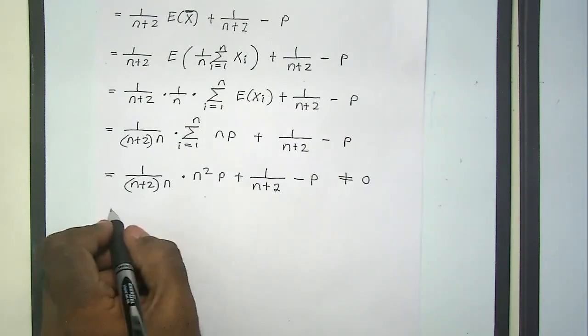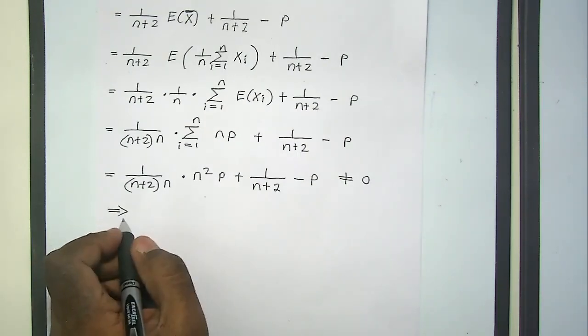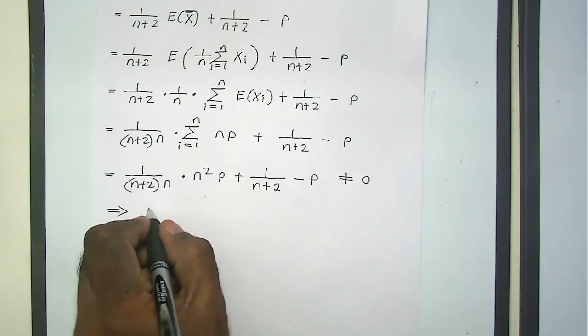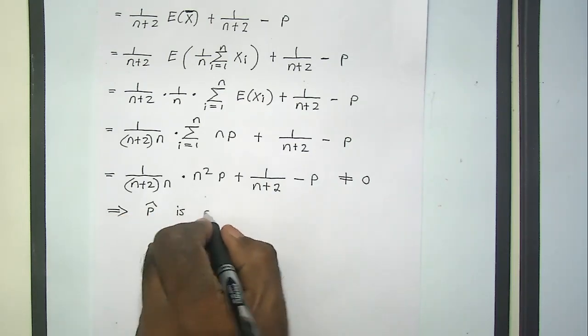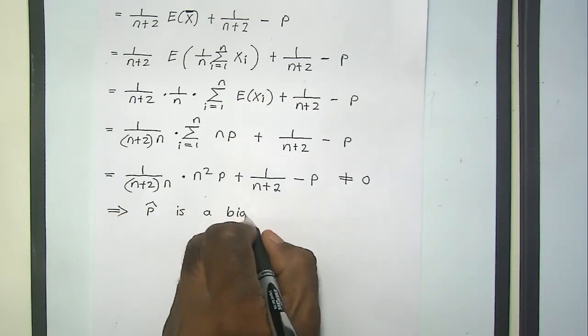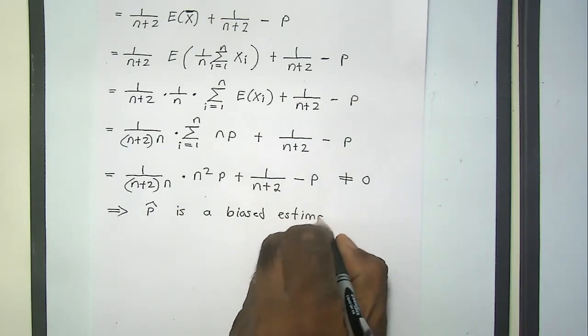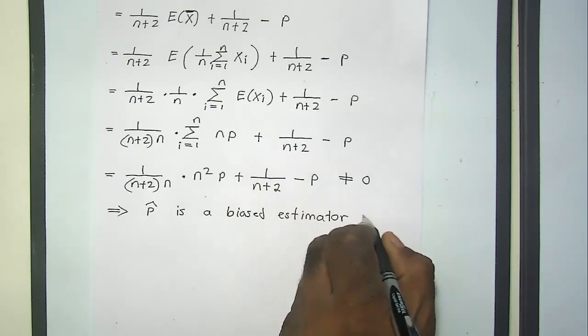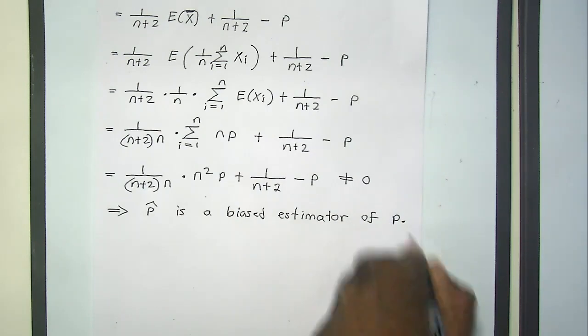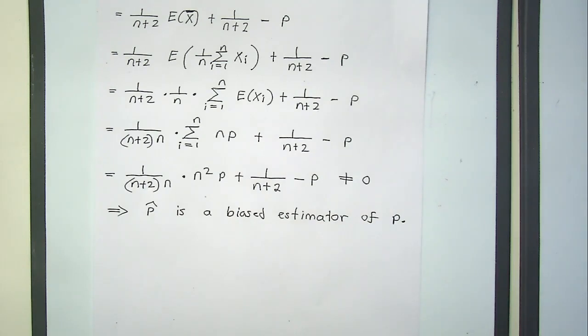So the conclusion is that P hat is a biased estimator of P. Remember, a biased estimator is one where the bias is not equal to 0.